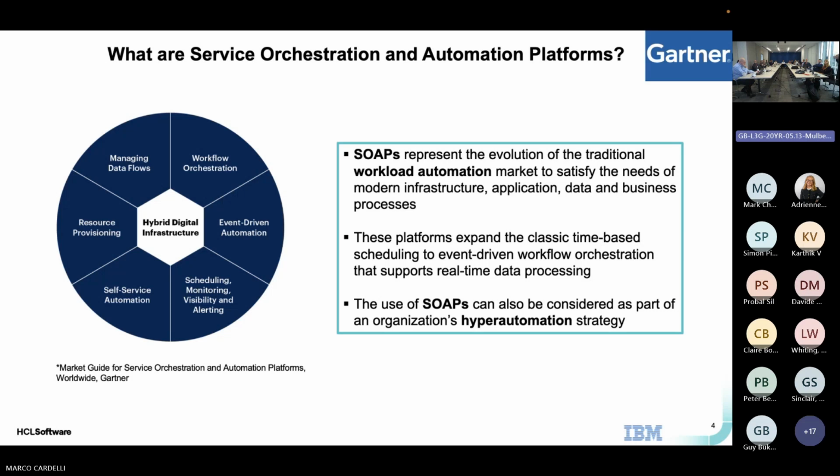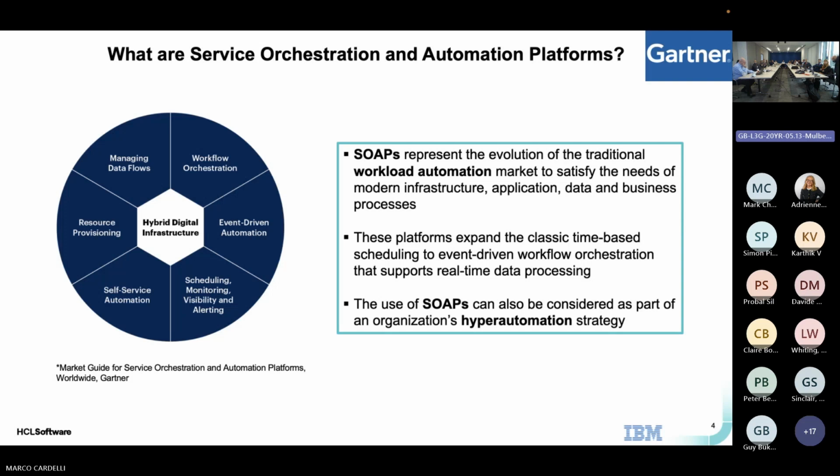It's a little more than traditional workload automation because the market is wider, to include some tools that are not traditional workload automation but still provide service orchestration in general. So it's a way to evolve towards the needs of modern infrastructure, new applications, data and business processes.